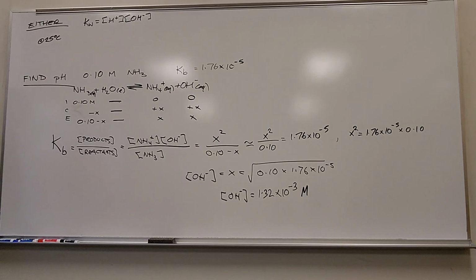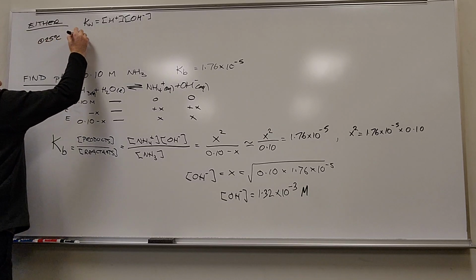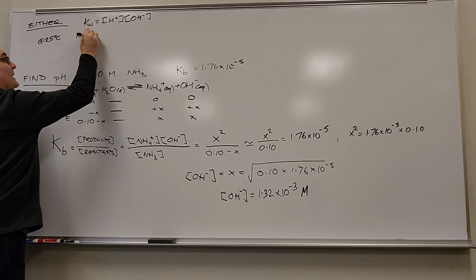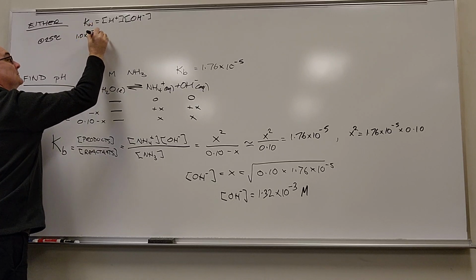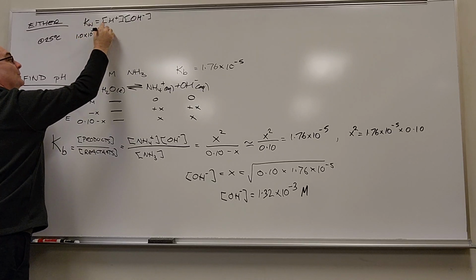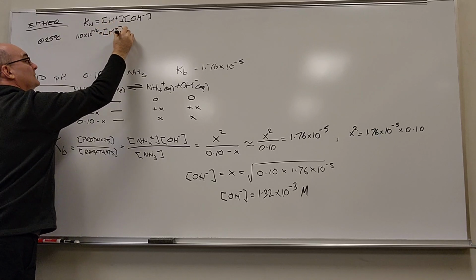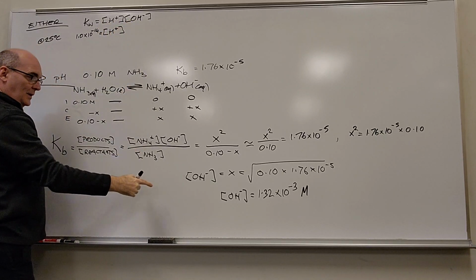One of the lab questions that we didn't get to yet, the titration of, hey, let's do that reaction again but heat it up. It changes your values of K. Temperature changes K. At 25 degrees Celsius, that's 1 times 10 to the negative 14, which would be equal to H plus multiplied by the OH minus.